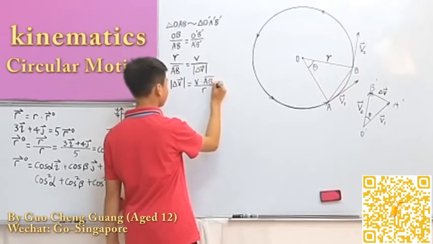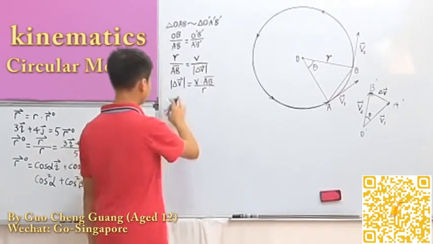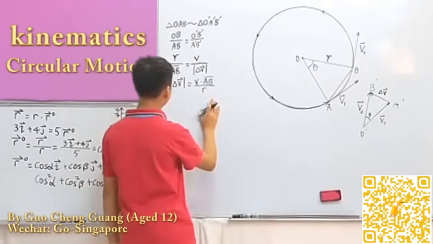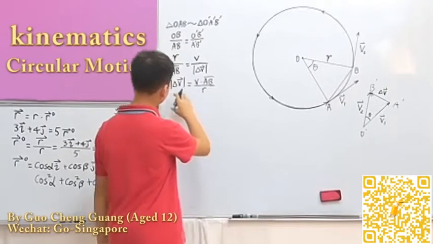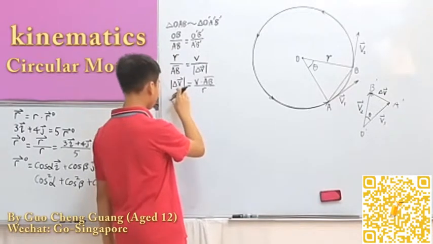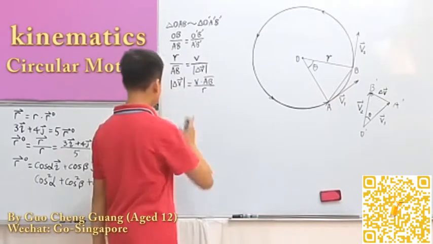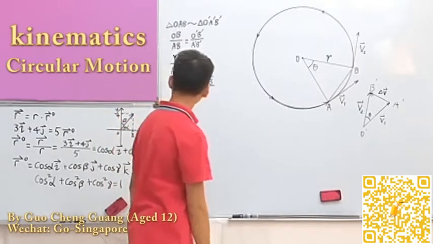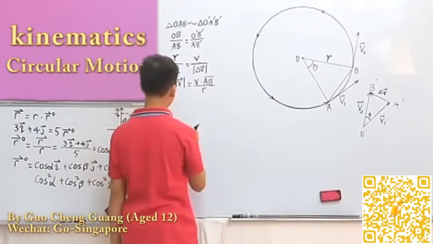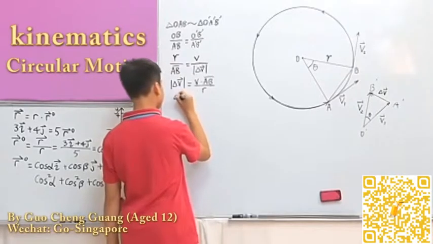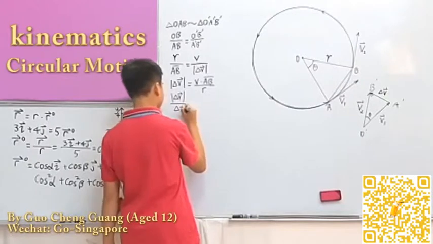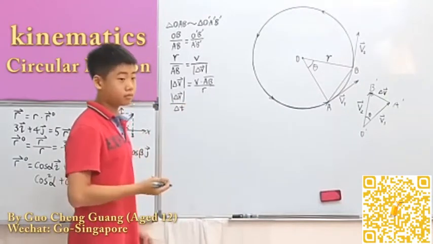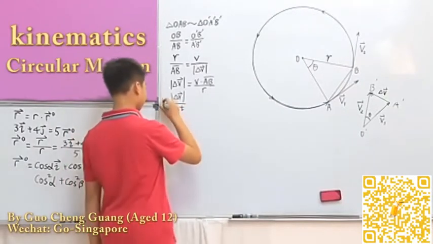So then from the next part, let's take a look. Here we have delta V vector, then modulus. What if we do a little bit of experimentation, and try it over a delta t?